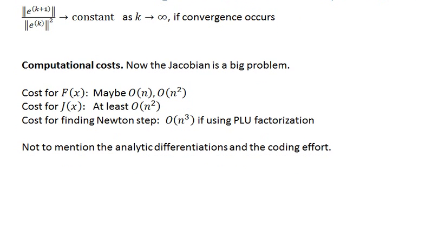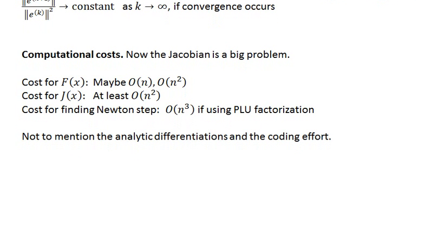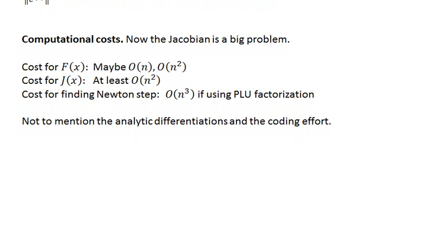But one thing that's changed a lot is the computational cost picture. So now f is a vector, right? So there are n variables and n values. Now, if each value depends only on a few of the variables, then it probably takes about n flops to compute one value of f of x.